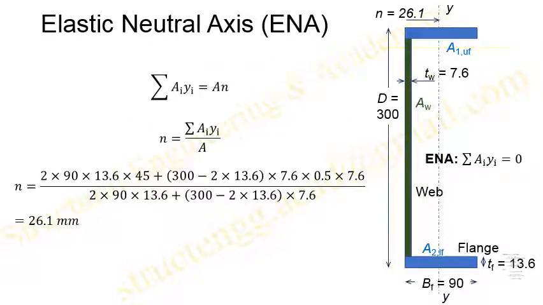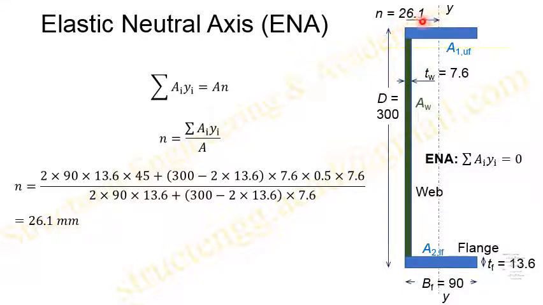Now the elastic section modulus about the minor axis. In this case, the section about the minor axis is not symmetrical, so we have to use that mathematical formula. Let us say this line is our reference line, and n is the distance from this point.